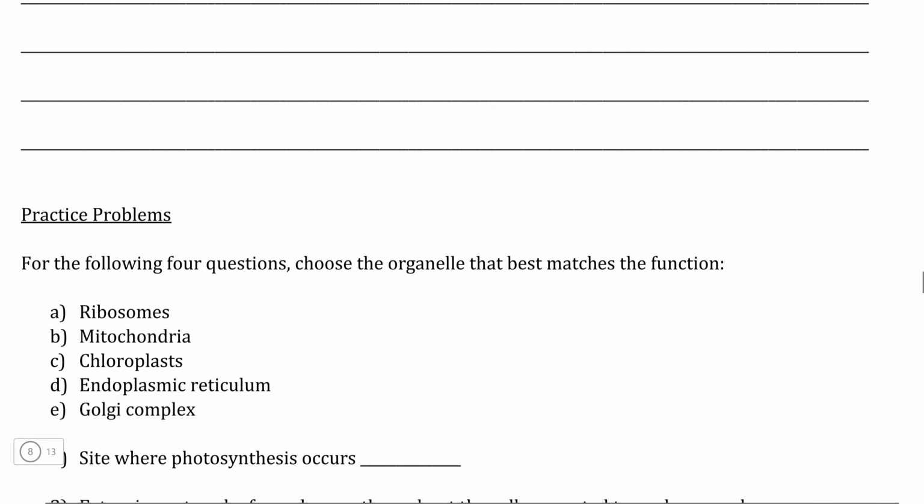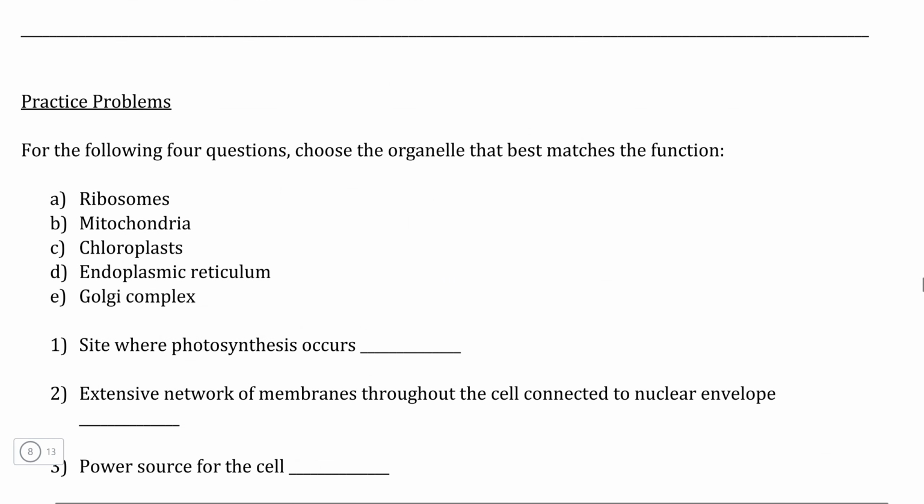And when you're done with this case study, you can take a look at the practice problems below, directly testing your knowledge of what the parts and functions of prokaryotic and eukaryotic cells are.